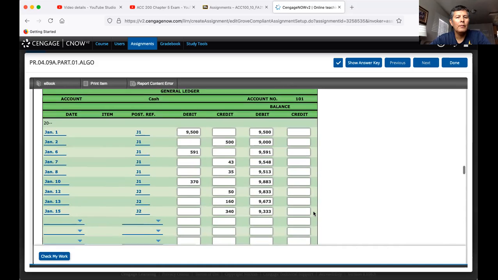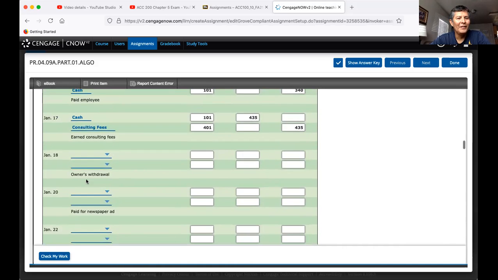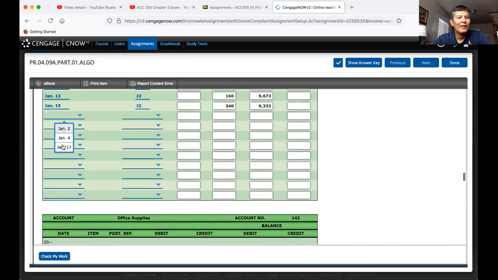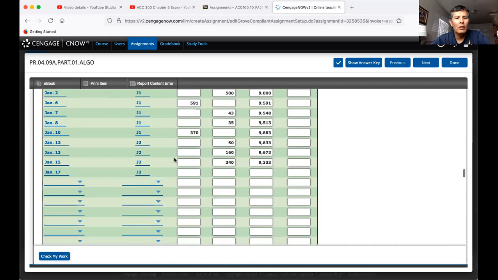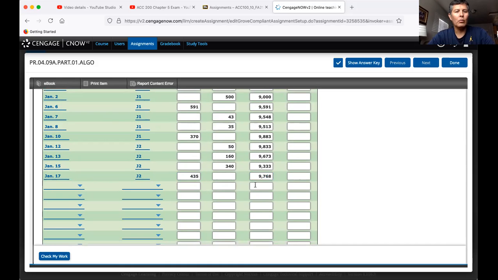Cash increased. What's the date? 17th. J2, 435. So this account is going to go up now. Plus 435 equals 9768. Okay, so that was done in cash.